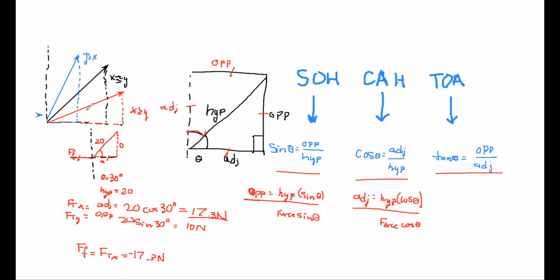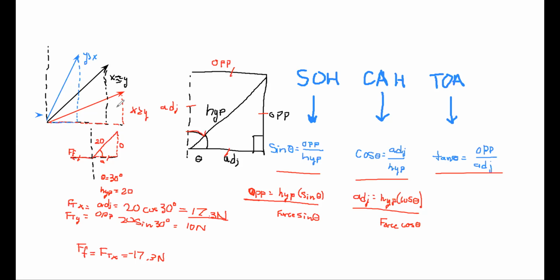So that qualitatively tells you that a vector angled at greater than 45 degrees should have a Y component larger than its X component. An angled force at 45 degrees should have an X component equal to its Y component, because the cosine of 45 and the sine of 45 are both the same number.